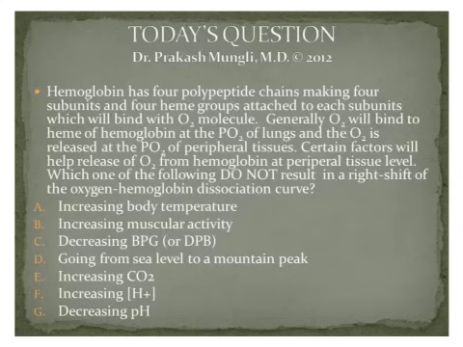Okay, so now the question is about which factors help to release oxygen from hemoglobin at peripheral tissue level, and which one of the following does not result in a right shift of the oxygen hemoglobin dissociation curve.